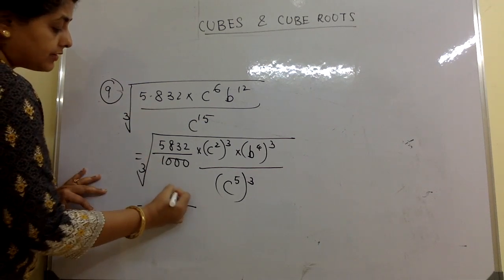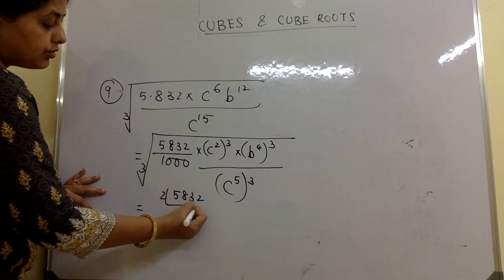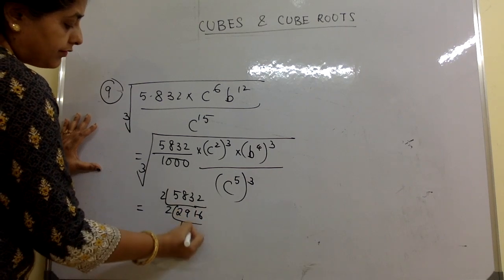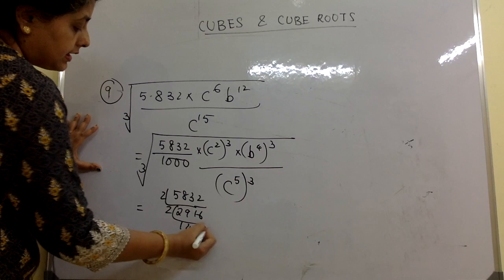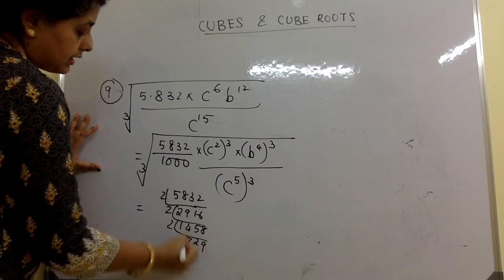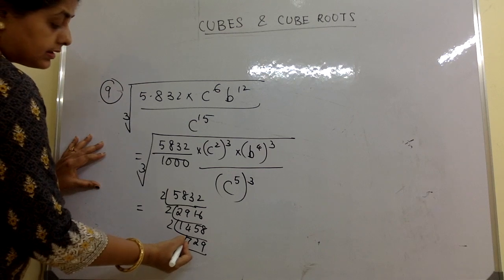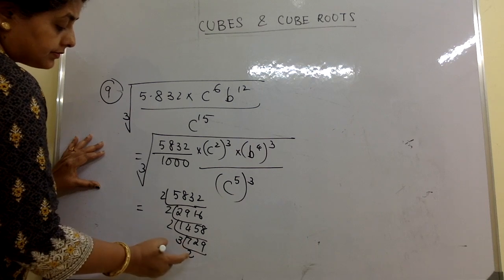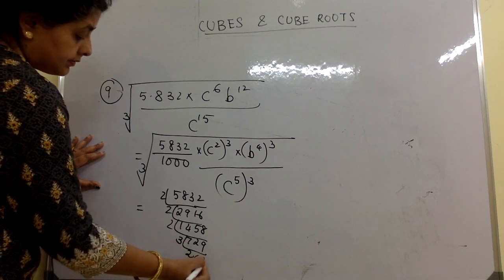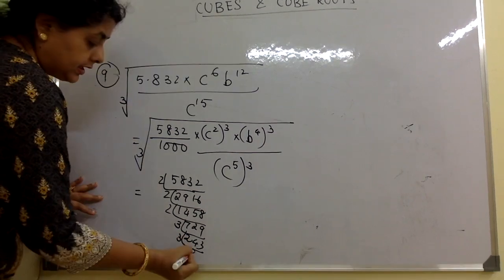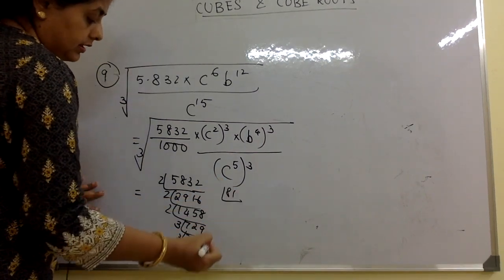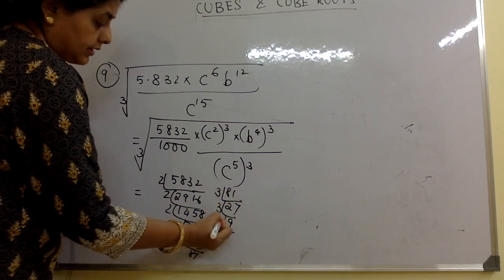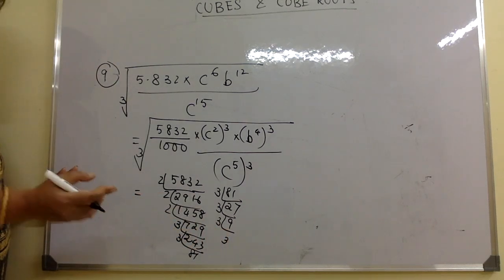If I do prime factorization, 5832 is 2 into 2916, and 2 into 1458, this is 2 into 729, and then this is 3 into 243, and then 3, this is 81. Carry on with 81: 81 is 3 into 27, 3 into 9, and 3 and 3. Now this is the end of our finding the cube root.